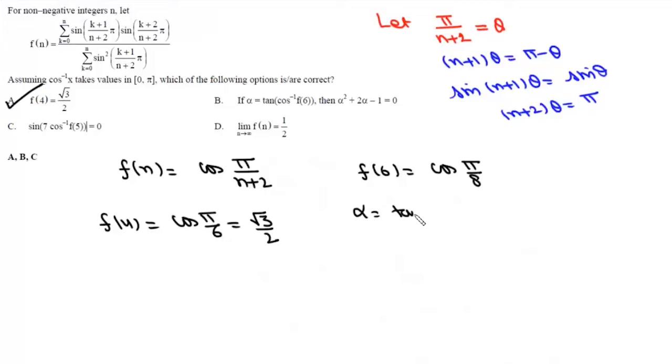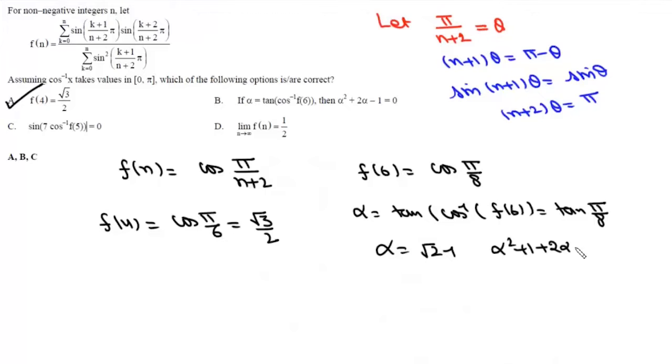Alpha is tan of cos inverse f6, and cos inverse f6 is pi by 8. So it will be tan pi by 8, and tan pi by 8 is simply root 2 minus 1. Now if we take the 1 on the left hand side and square, we get alpha square plus 1 plus 2 alpha equal to 2, or alpha square plus 2 alpha minus 1 equals 0. That means option B is also correct.